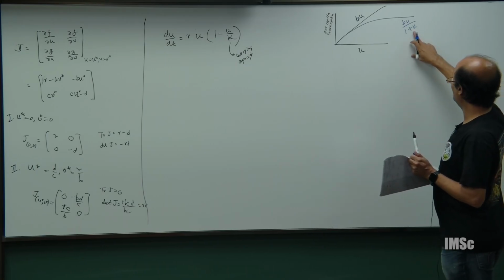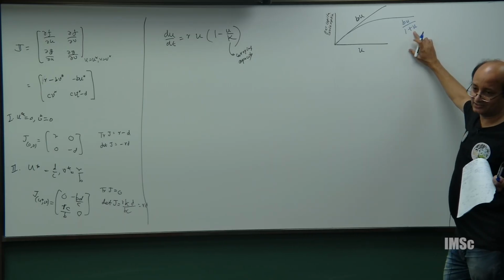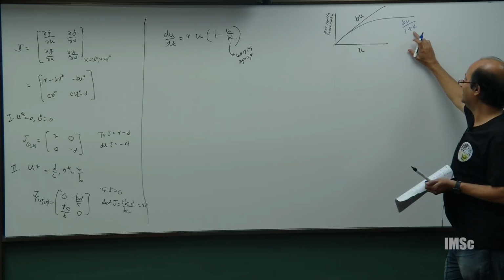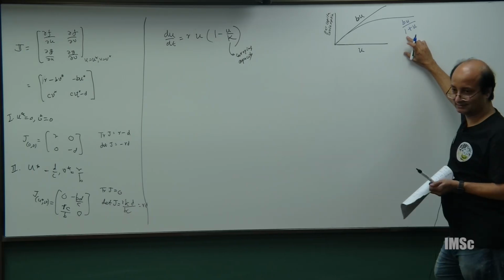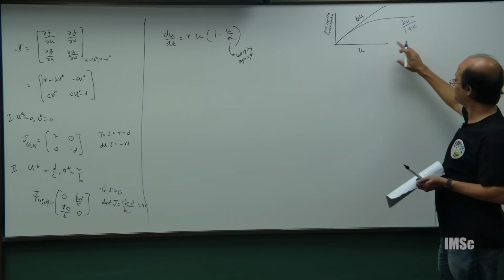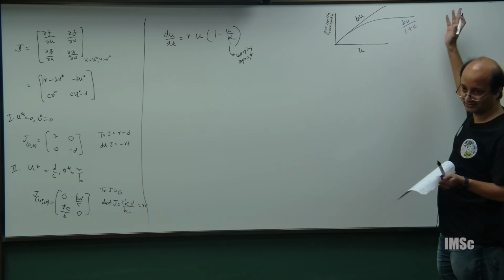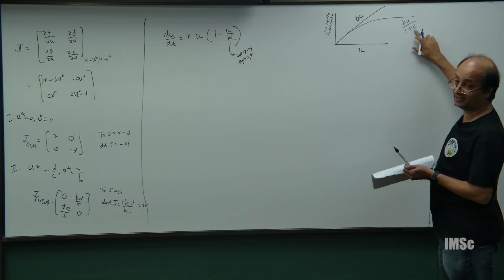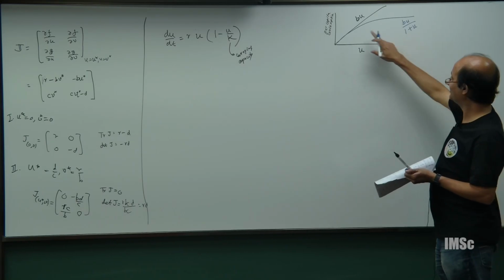When U is very small compared to 1, it's just BU, because you can ignore U, so it's just BU by 1, so it's just BU. So it goes like this. When U is very large, it just goes to B.